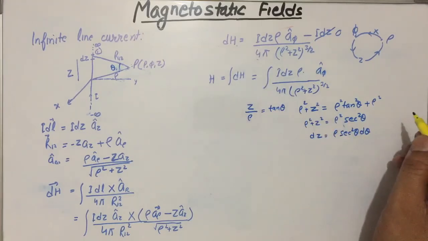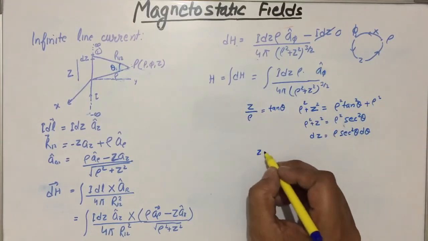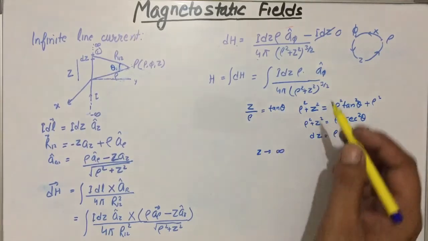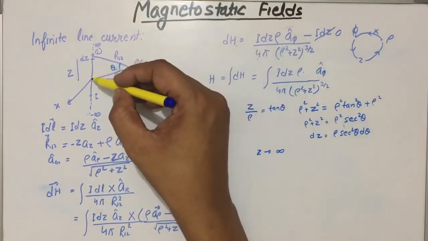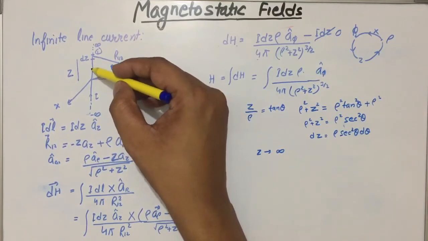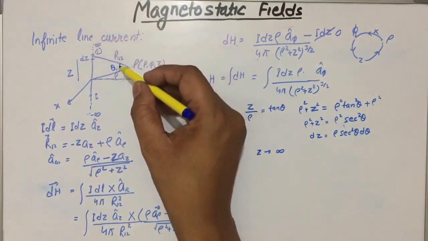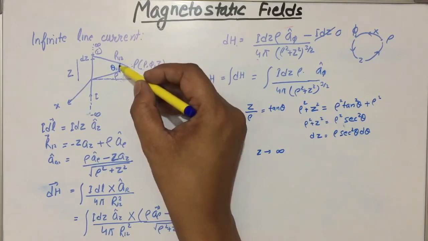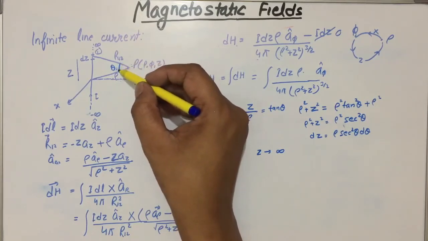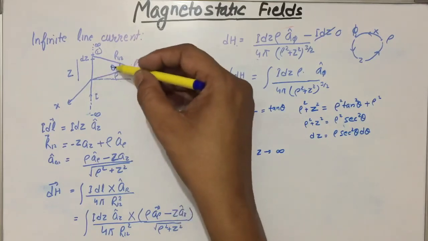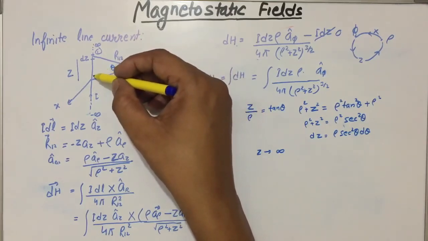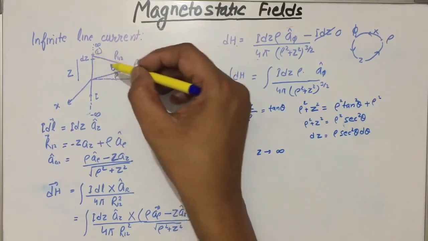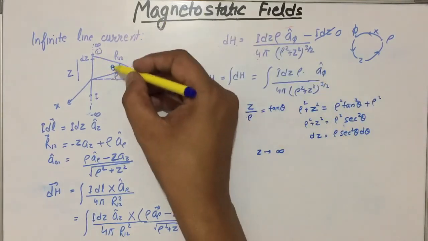And if z tends to positive infinity, in that case this theta will be 90 degree. It should be almost parallel to this line, and theta will be 90 degree.